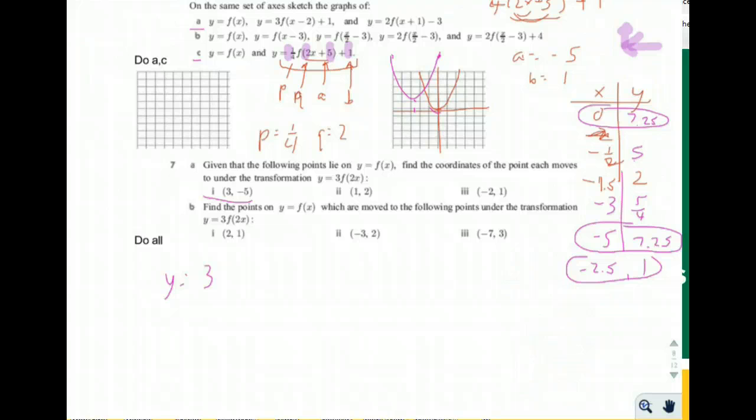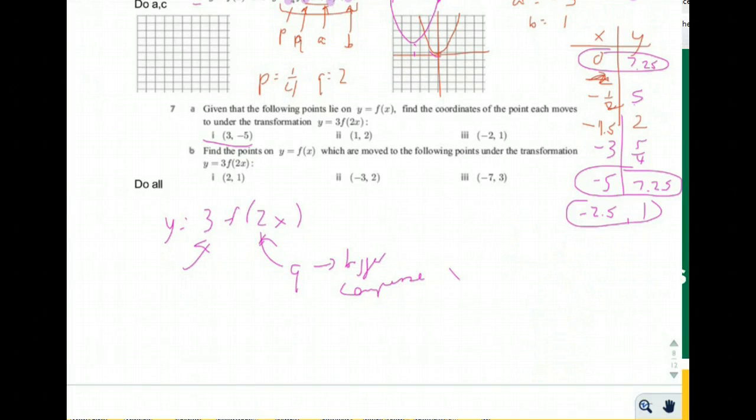So if you have y equals 3 f of 2x, let's just go back and remember what each one of these does. This is the q value. The q value, when it gets bigger, it compresses. So it's going to make the point closer to the y-axis. And remember, it compresses in the x direction.